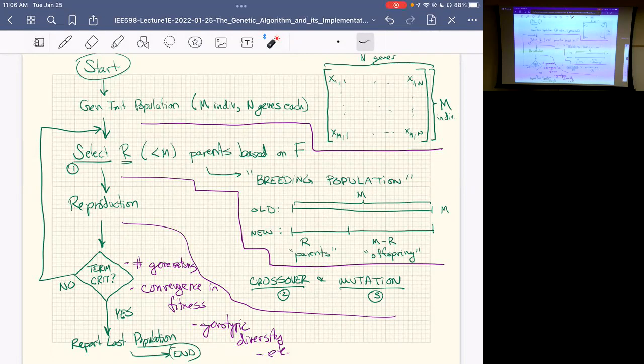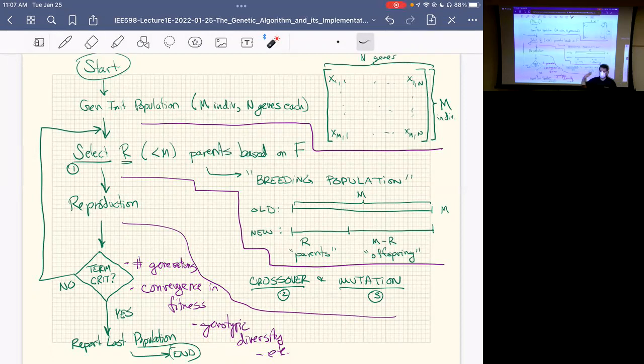That's a little more complicated than saying a bigger R means less selective pressure. A bigger R means that you're more willing to keep the high performing individuals from the previous generation. And so in many cases, that actually increases the selective pressure because those that do really well initially can just dominate.